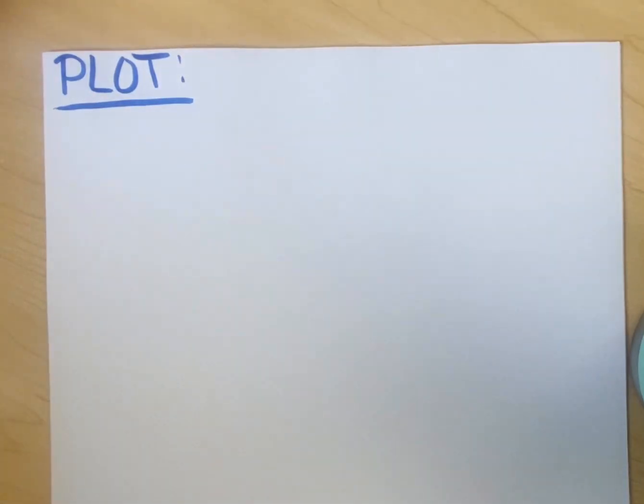And then, what is plot? So let's think, what is plot? We know it's the what and the when, and then we know it's beginning, middle, end. Which means that it also is the events that happen in the story. But if you think of beginning, middle, and end, it has to go in a certain order. You can't have end, middle, beginning, or end, beginning, middle, or middle, end, beginning. It has to go in a certain order for it to make sense.